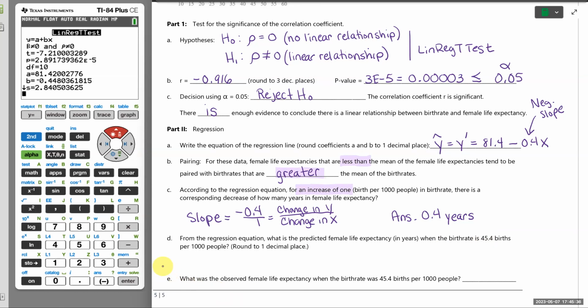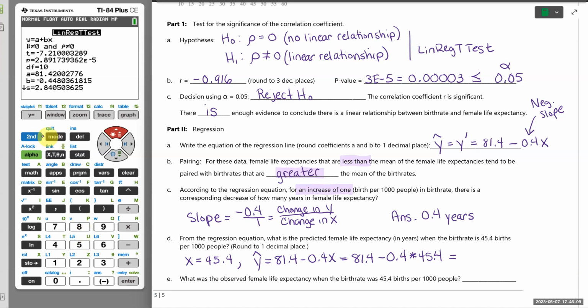They're giving us a value for X, a country with a birth rate of 45.4. And we know to predict, we can substitute into our regression equation. So now I'm going to just substitute: 81.4 minus 0.4 times 45.4 substituted for X.